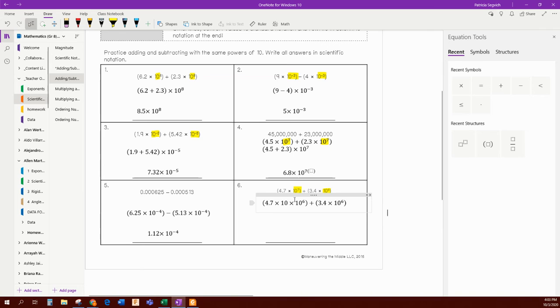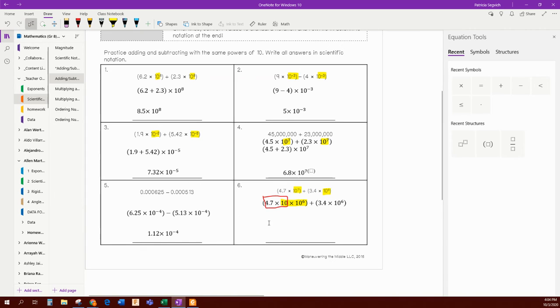Now, what I did is I took our 10 to the 7th and broke it up into a 10 times 10 to the 6th, which is the same as 10 to the 7th. Now I'm going to take my 4 7/10 and multiply it by this 10.